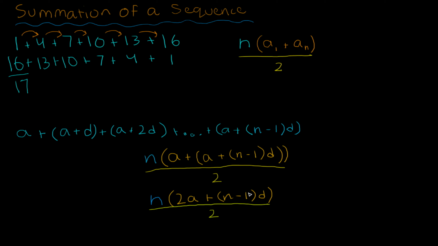And this is very neat, because here we didn't know the common difference, and here we weren't given the last term. But in both cases, we didn't need either of them given to us because they correlate with each other. We saw that this formula is just an application of this formula.